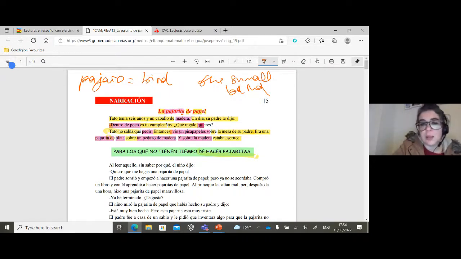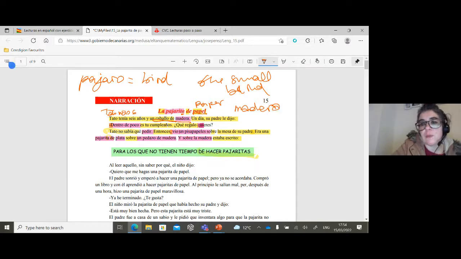De papel, of paper. So it's the paper bird, the small paper bird. Tato, so again, how would you translate Tato? Was 6, and he had a caballo, a horse made of madera, wood.